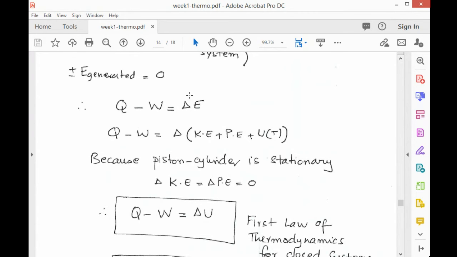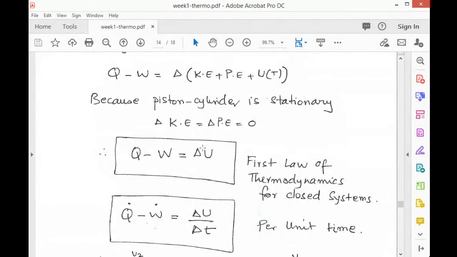So these two terms are zero, and we have only this. So I write Q minus W, and the delta U comes here, and U(T) is a function of temperature. It is not multiplied by the term T. There is no multiplication here. When we write it in brackets, we mean that U depends on temperature. Remember this. So we call this the first law of thermodynamics for the closed system.